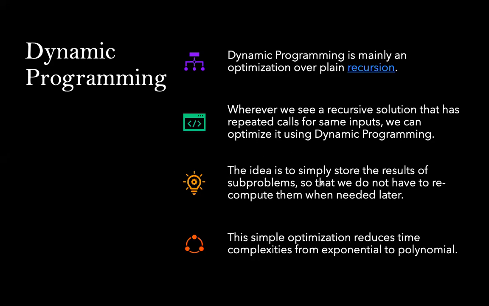And the idea is to simply store the results of sub-problems so that we do not have to recompute them when needed later. See, that is what happens in case of recursive functions. I will show with an example what exactly we are talking about.